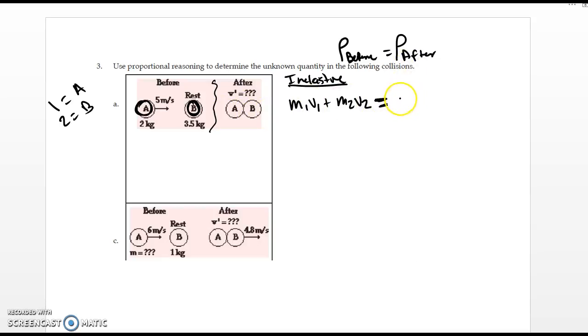They've combined, and they're going to be going at the same velocity. So mass 1 plus mass 2, the mass of ball A plus the mass of ball B, are going to exit at the same velocity. We'll use the notation V prime.